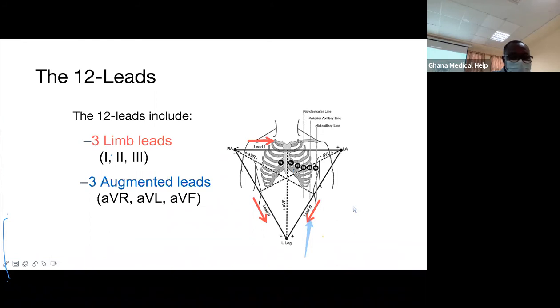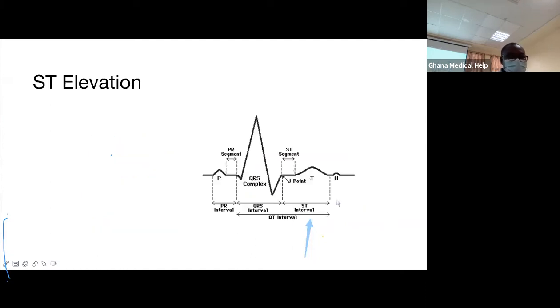And then the 3 augmented leads, they are usually the AVR, AVL, and AVF. And then the last but not the least, obviously, is the 6 precordial leads that we have just talked about, from V1 to V6. So if you combine all of this, you can easily diagnose a myocardial infarction.